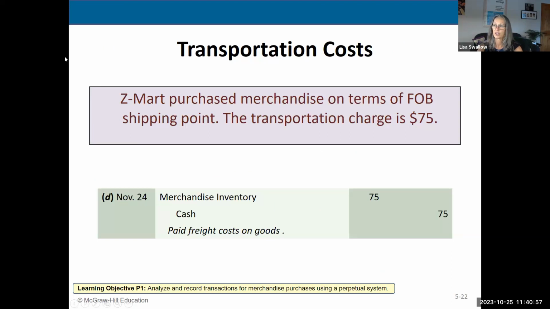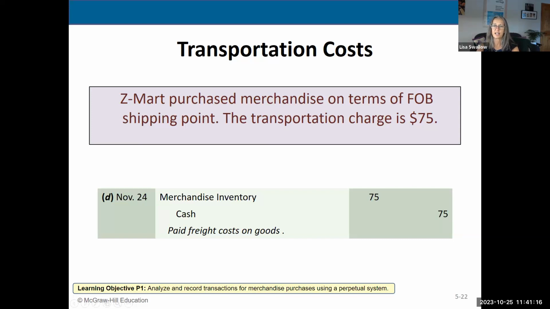So look at this example. Zmart purchased merchandise on terms FOB shipping point. So who paid? Free on board shipping, seller or buyer? The buyer. Great, I've got that piece of information.